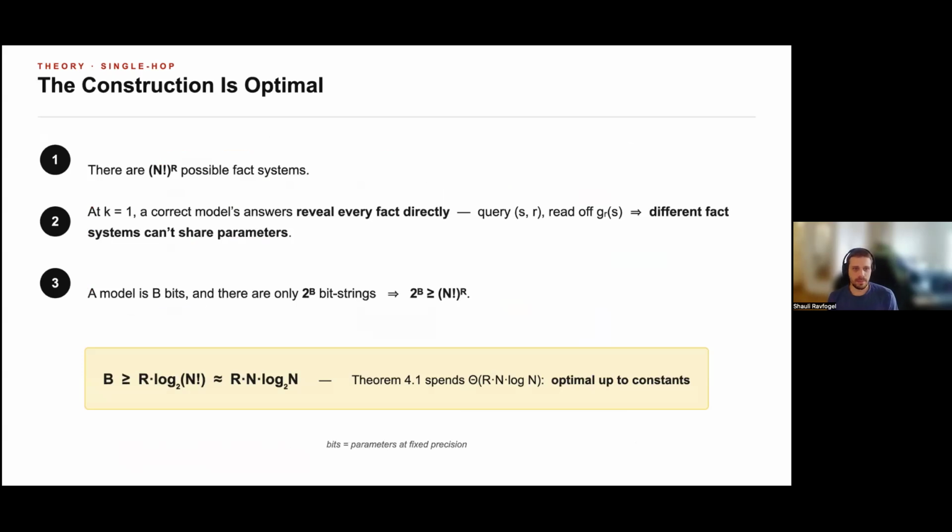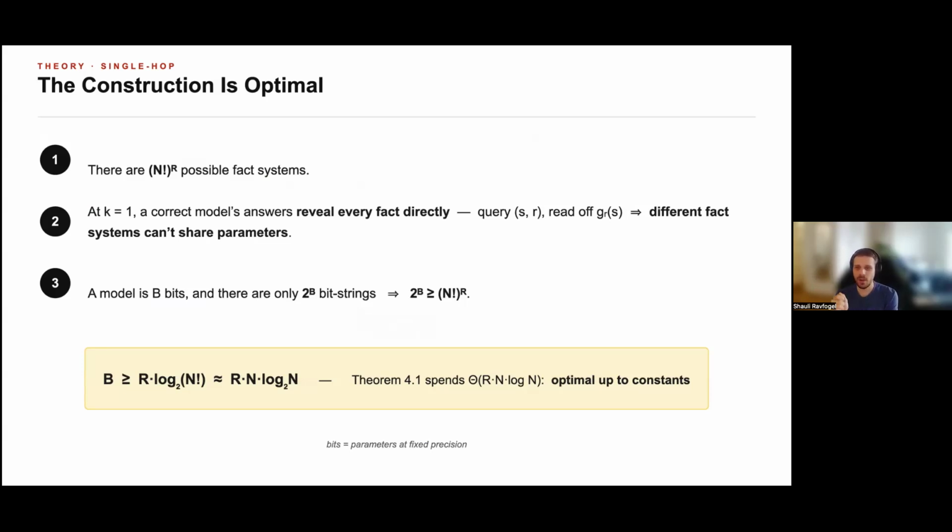Now, it's pretty simple to see that this construction is optimal, because of simple counting arguments. We said that each relation specifies a particular bijection. So there are n factorial bijections, and we are going to have R relations. If we look at every set of R bijections as a particular fact system, we are going to have n factorial to the power of R fact systems. And we have a single factual recall setting.